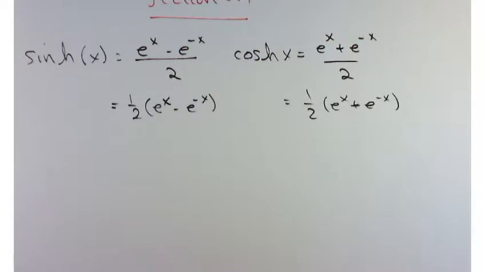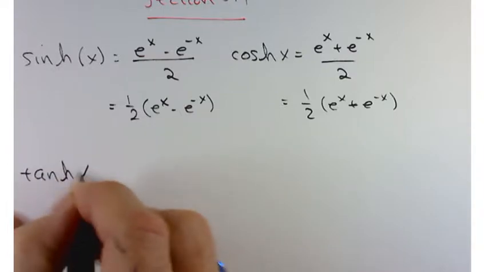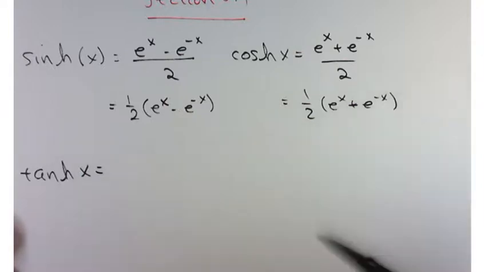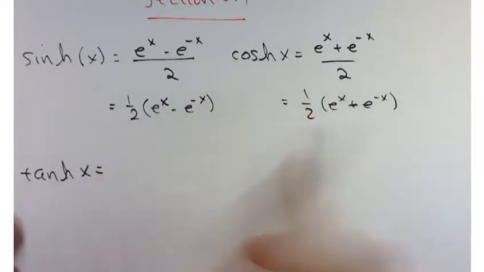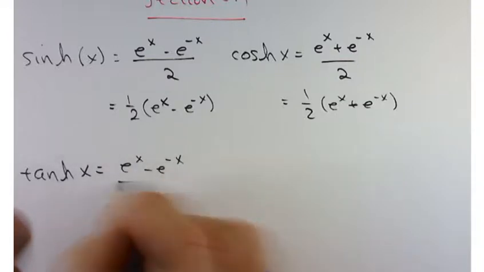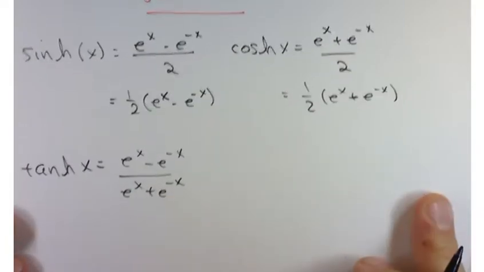The rest of these things follow from what you would guess in terms of your laws of trigonometry. That is, the hyperbolic tangent is the sine over the cosine. Well, if I did the sine over the cosine, these 1/2s are going to cancel out. So I'd be left with e to the x minus e to the negative x over e to the x plus e to the negative x. So that's your hyperbolic tangent.